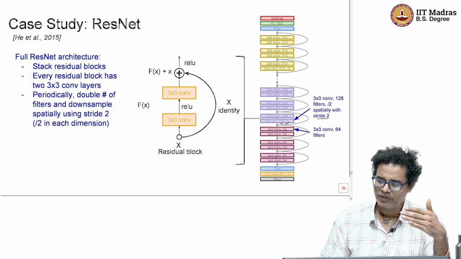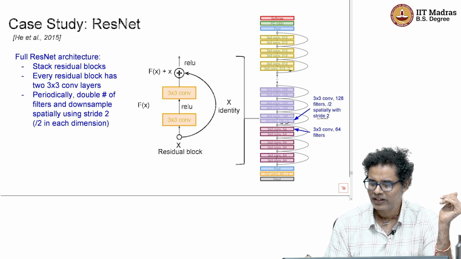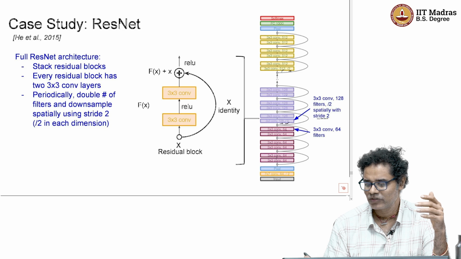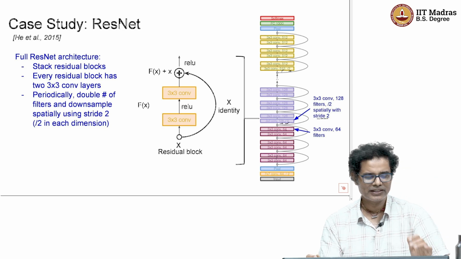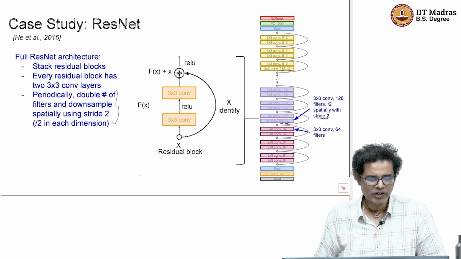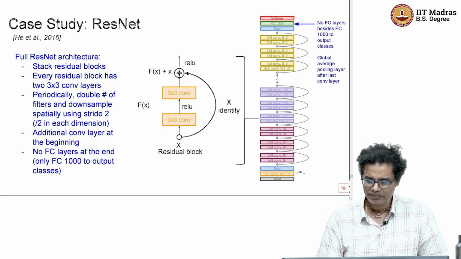Then you keep on repeating, and again at some point you reduce the size by half and increase the number of channels by twice. From 128 it became 256, then 512, like that. So more or less this kind of rule is being followed. There is also some additional conv layer at the beginning, for example this.